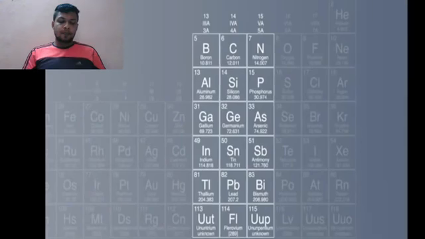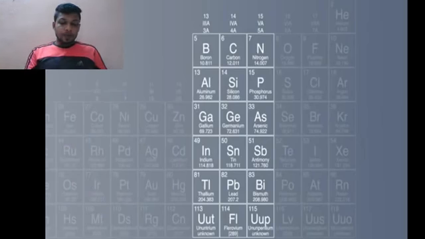These impurity atoms must have a number of outer electrons which is either one more or one less than silicon. We can see that silicon is in the 14th group of the periodic table.